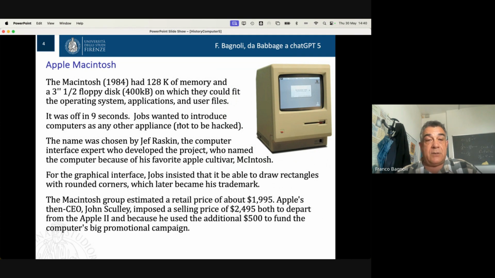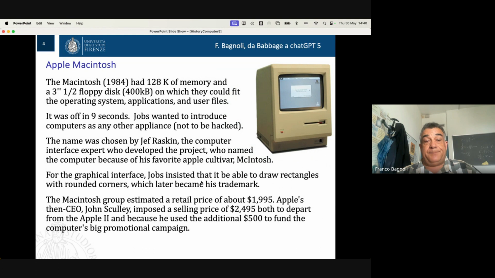It was sold with 128K of memory and 400 kilobytes of floppy disk, on which you could fit the operating system, possibly some application like Word, and maybe some user file. And it took just 9 seconds. I checked this personally some years ago. It took 9 seconds to be ready to work, starting from a floppy disk, before being ready for usage.